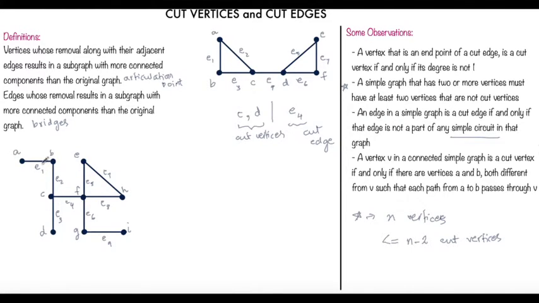If we remove B along with E1 and E2, then we have this part as a connected component, then this is an edge on its own and an edge on its own. Now the question is whether a graph which has just one vertex is a connected graph or not.